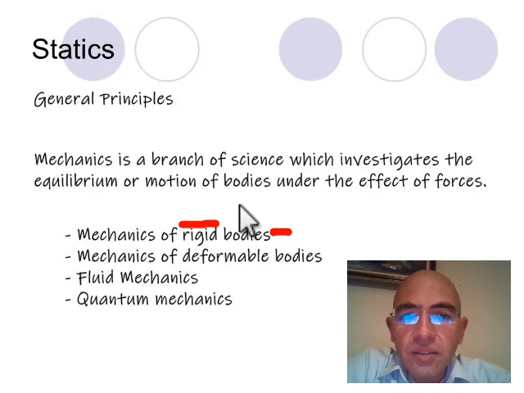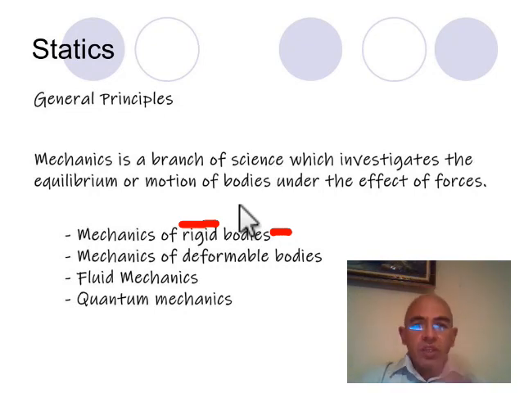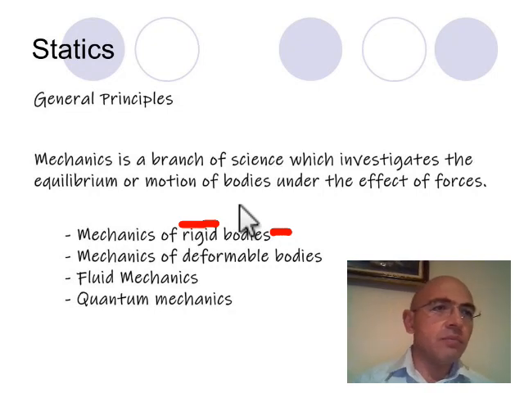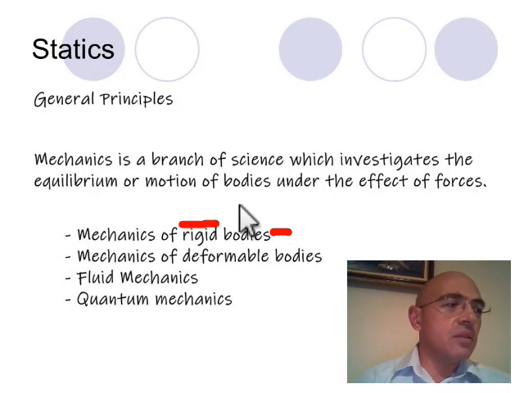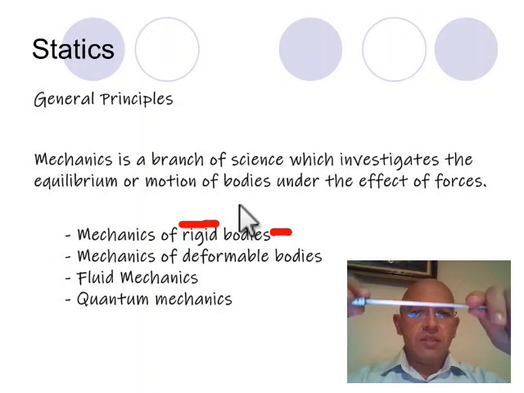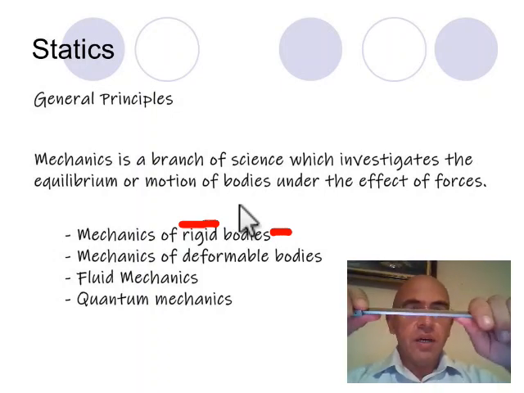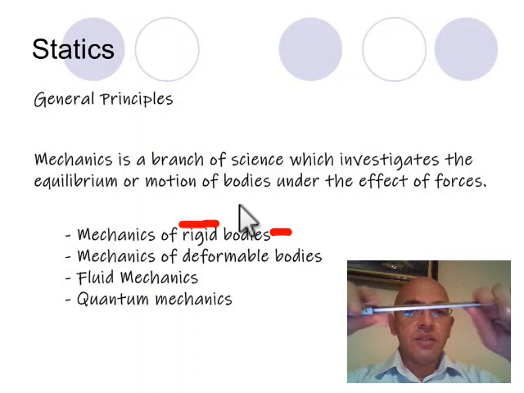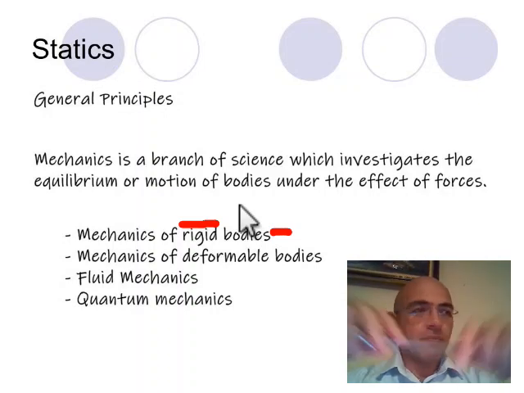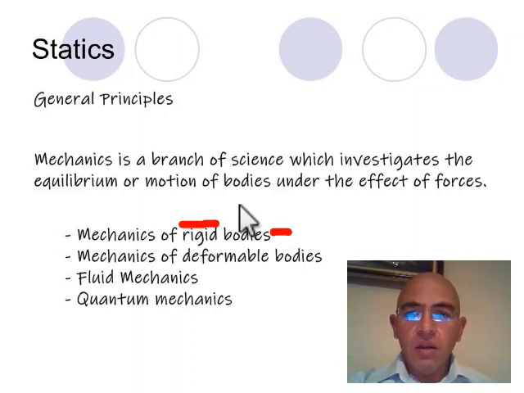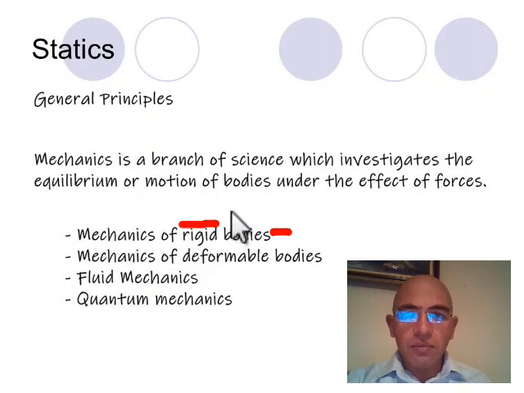When an object is non-deformable, so if you apply a force on it and it doesn't deform. Like, for example, this steel bar. I can consider that it is rigid, it's non-deformable, its geometry does not change. Okay, so first thing is the mechanics of rigid bodies.